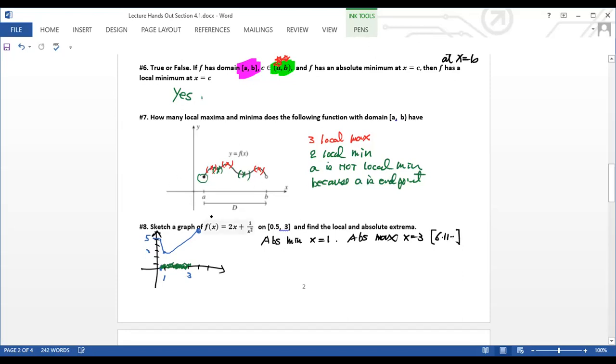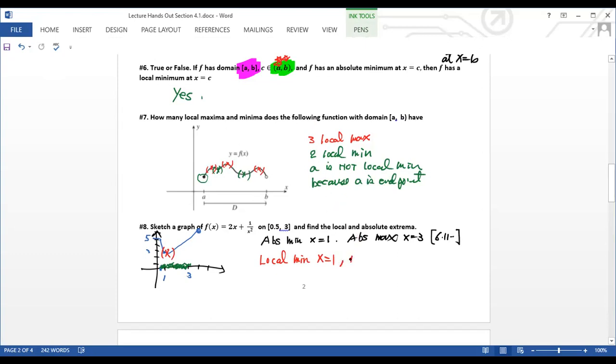Now the local ones. Where is the only local one? I only have this one, you can find it here. So the local min is at x equal to 1, correct? And do I have a local max? No, I don't have a local max here.